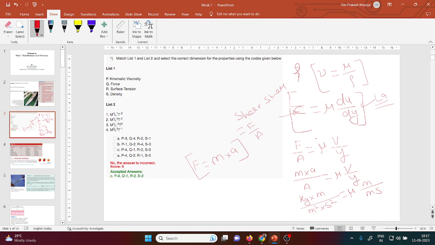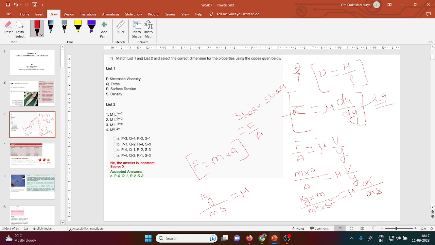So this cancels out, and 1 second here cancels out, 1 meter here cancels out. What is remaining? Kg divided by meter second, that is mu.